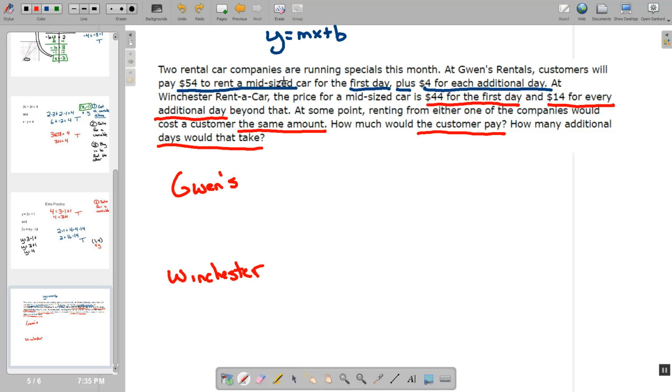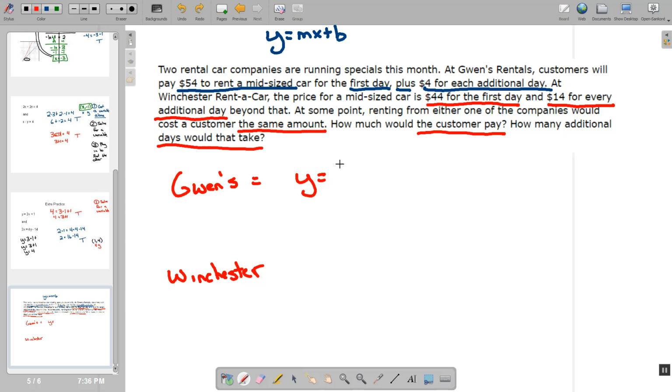We know both equations need to be broken up into the form y equals mx plus b. So Gwen's was $54 to rent a midsize car for the first day. That beginning value certainly sounds like the b value. So $54 for b. And $4 for each additional day. That sounds like the slope.